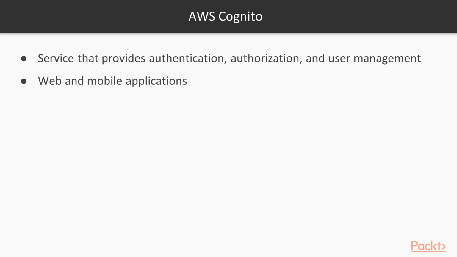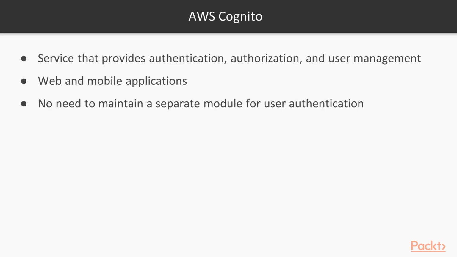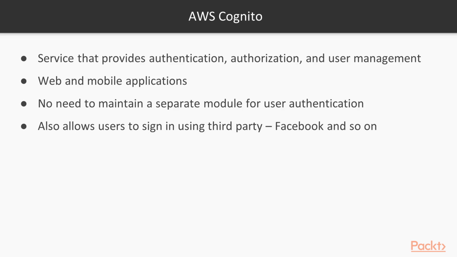Here, the best thing is that you don't need to have or maintain a separate module in your application specifically for user authentication. This can all be done via the AWS Cognito service. Here, you can allow users to sign in normally.